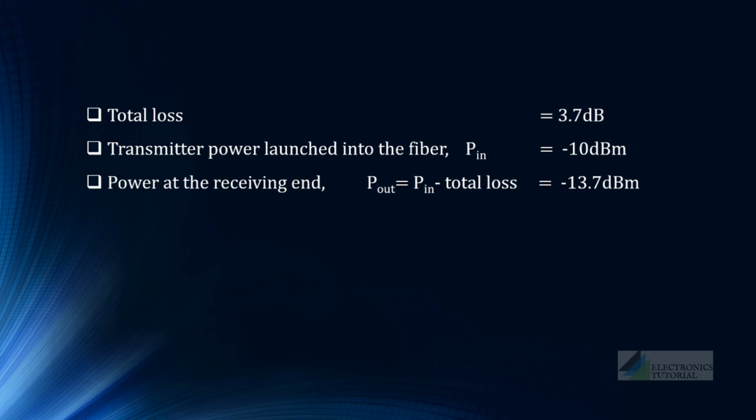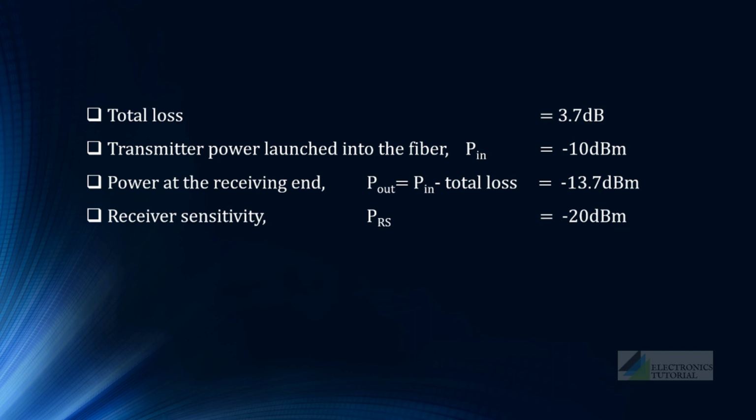The power at the receiving end can be calculated as P in minus total loss, that is equal to -13.7 dBm. Now we'll mark the receiver sensitivity as -20 dBm, and our requirement is to get the power margin.